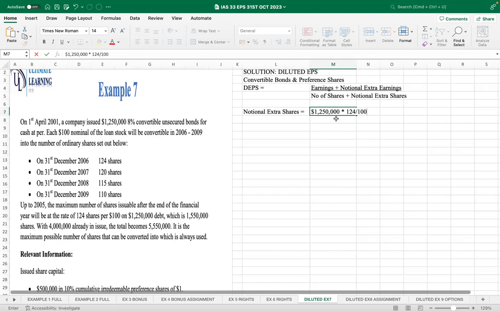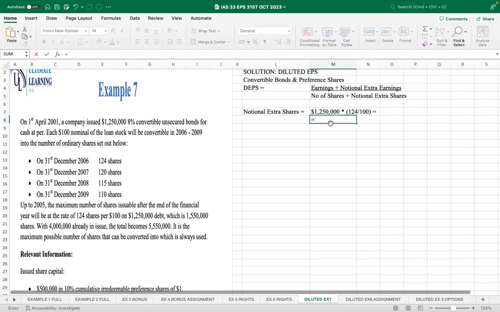In other words, for every 100 loan, we were getting 124 shares.